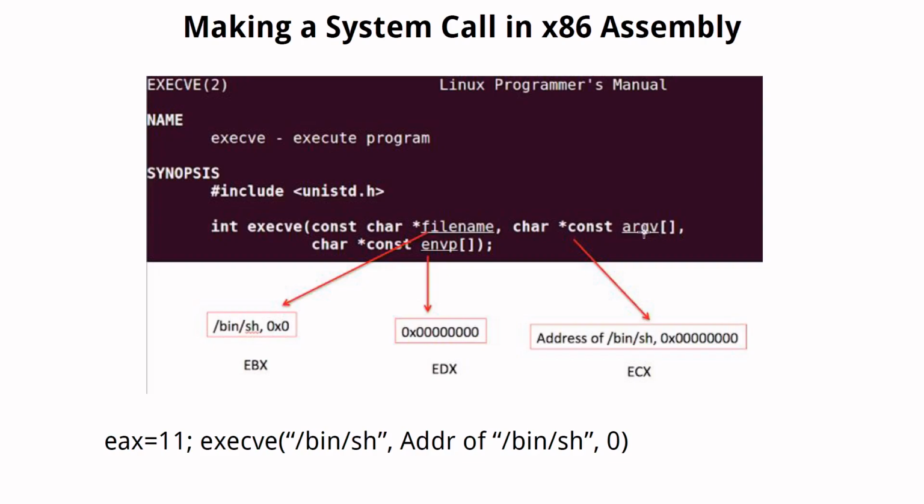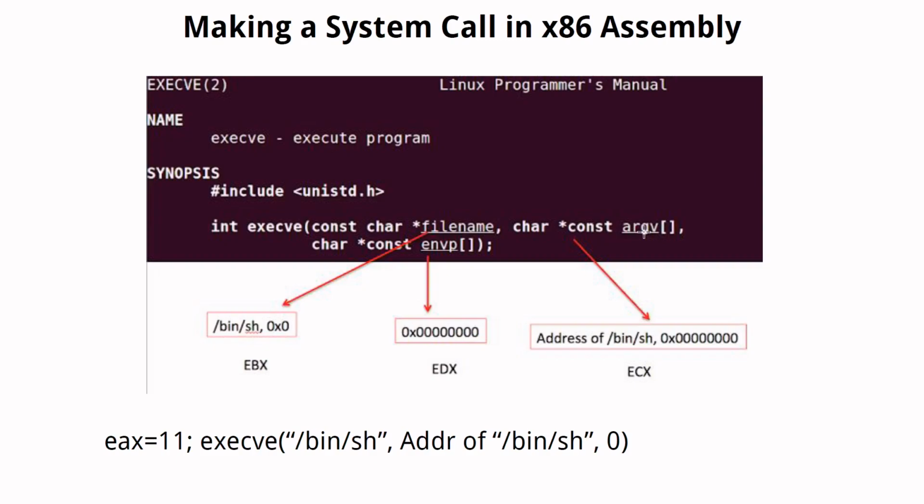Okay? So here, when you make the system call, you first need to give the address of the name of the program. In this case, it is /bin/sh, which is a shell. Then you need to give the command line arguments you want to pass to the program.